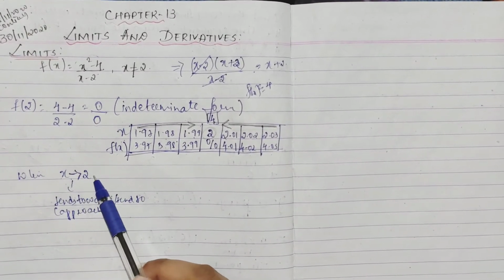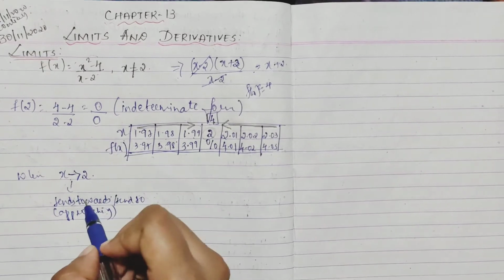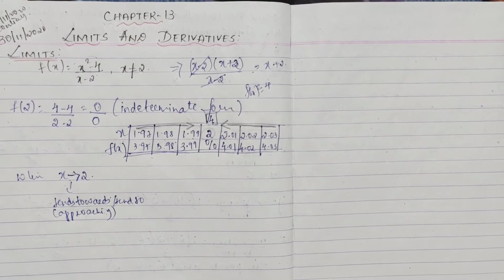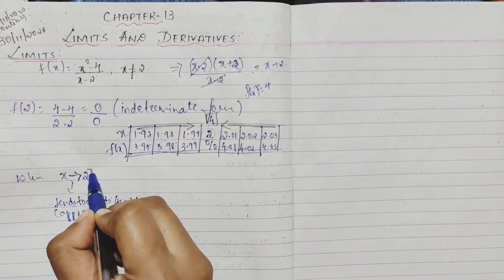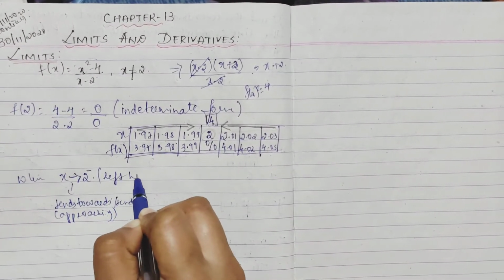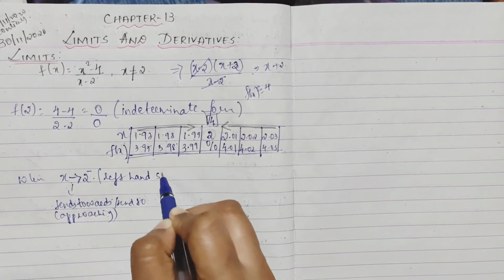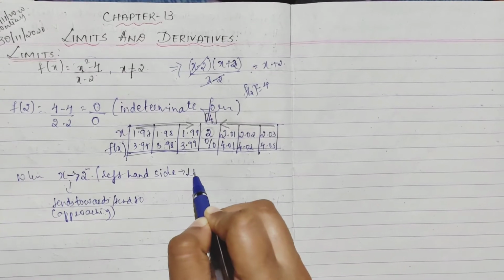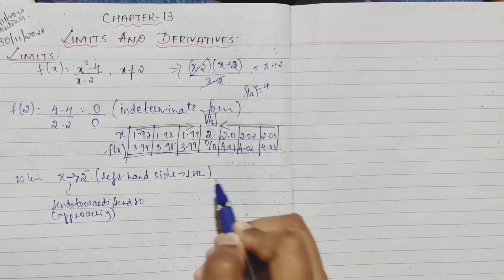When x tends to 2 from your left hand side, when you are indicating left hand side, I'll tell you how they indicate it: we put a minus here, which means left hand side. In short it is called LHL.